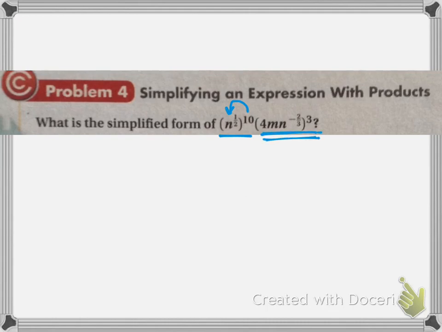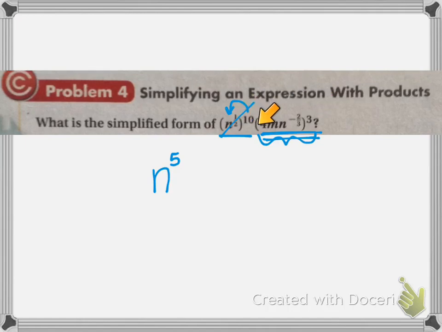So I'm going to kind of separate them with the underlining. So a power of a power here, that's going to multiply exponents. So 10 times 1/2. Now, 10 times 1/2, what's 1/2 of 10? 5. So n to the 5th. Now that part's taken care of. Let's take care of that part.